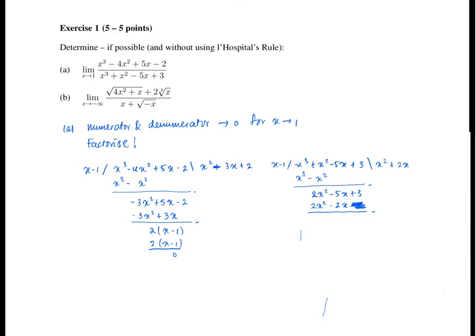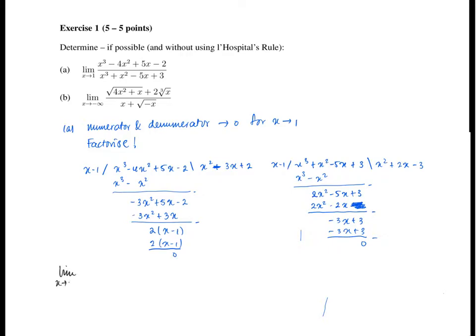So we get as a remainder here minus 3 times x plus 3, and x minus 1 goes minus 3 times into this expression, which leaves a remainder 0.